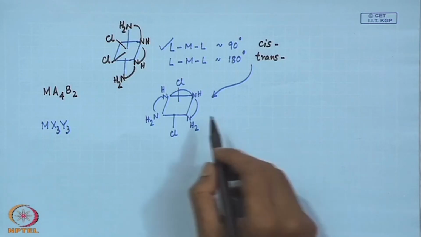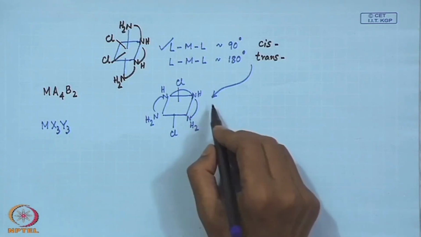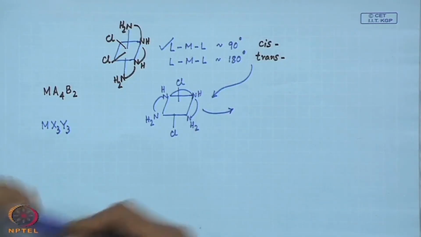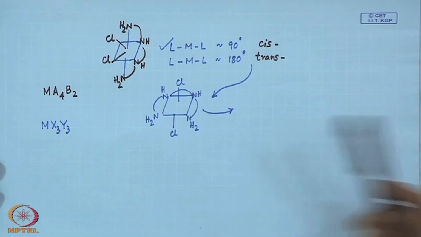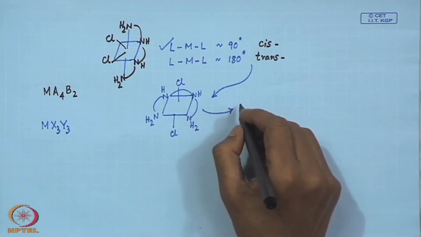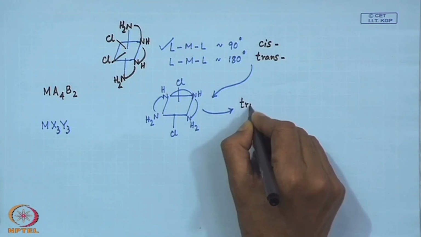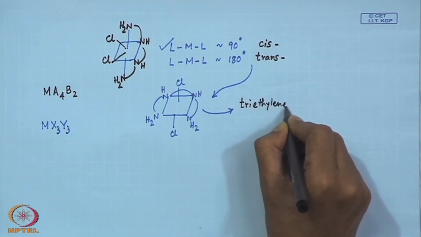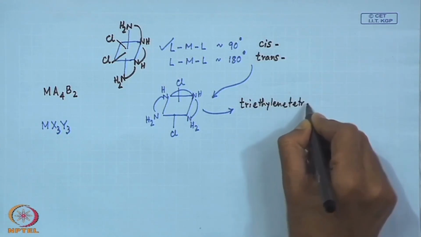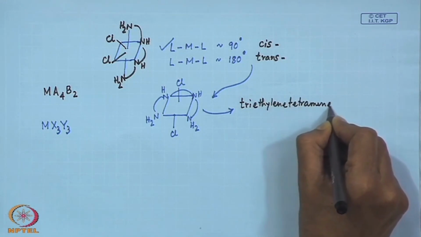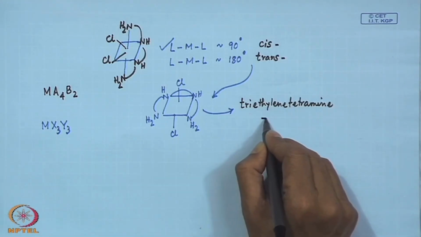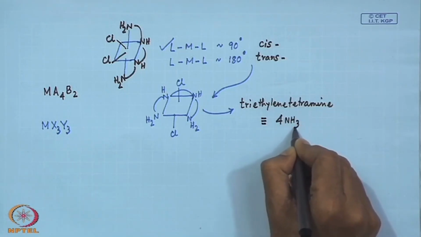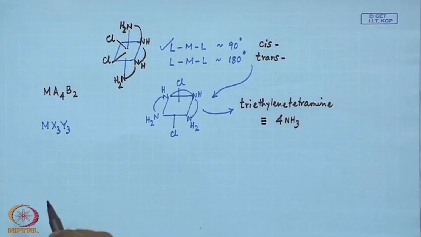And when we consider this type of thing related to the chelating ligand also, that means this NH2 NH2 ligand, which is known as triethylenetetramine, which will be very much equivalent to the donor properties of four ammonia groups.